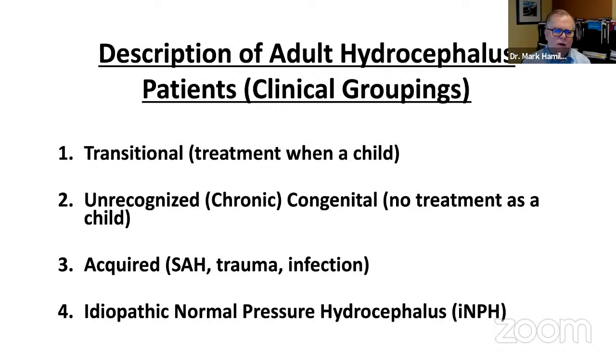There's a group called unrecognized congenital that has a lot of other terms: arrested, compensated, chronic, SHIMA, APUC, LOVA. There's a huge number of different terms, all of them with different nuances. But basically, they weren't treated as a child. They have big ventricles, and they probably had them most of their life. Acquired hydrocephalus we're all familiar with: subarachnoid hemorrhage, trauma, infection, brain tumor, and then idiopathic normal pressure hydrocephalus.